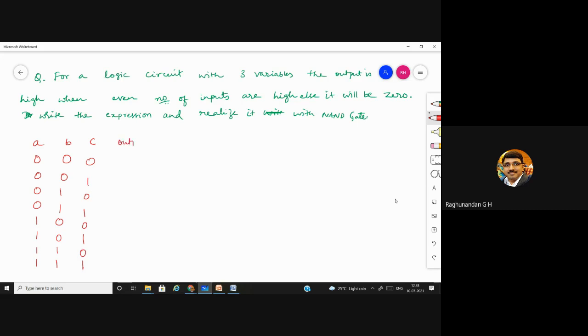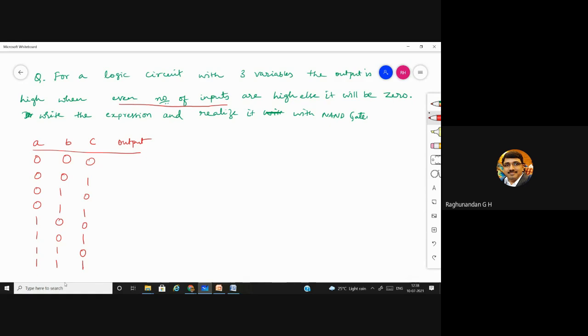The output: they have told, for even number of inputs, means whenever any two inputs are 1. Even means what? 2, right? So among 3 variables, even number means only 2 can come. Any 2 inputs high, then output will be high.